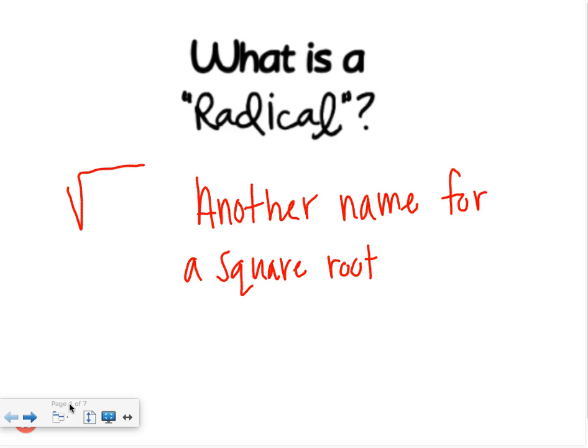So if you were to see, let's say, the square root of 4, you could either say radical 4 or square root 4. They're interchangeable. I'll use probably both, okay? But just know that this guy right here is the radical symbol, okay?